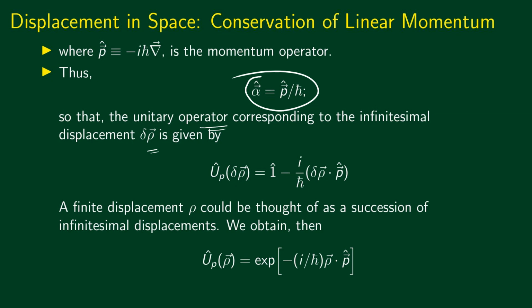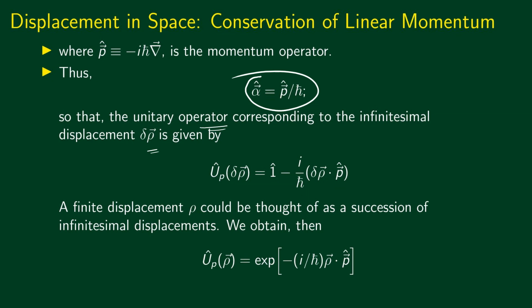All right. So this is delta rho x, delta rho y, and delta rho z. So this infinitesimal unitary operator now has the form identity operator minus i divided by h bar delta rho vector dot p vector hat. Now this is the unitary operator corresponding to an infinitesimal translation.